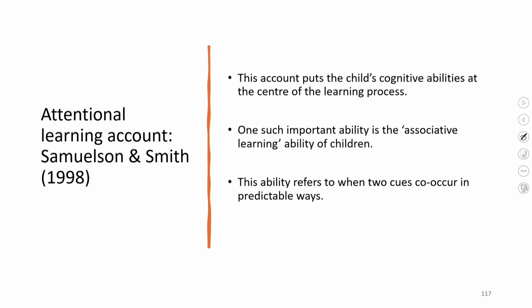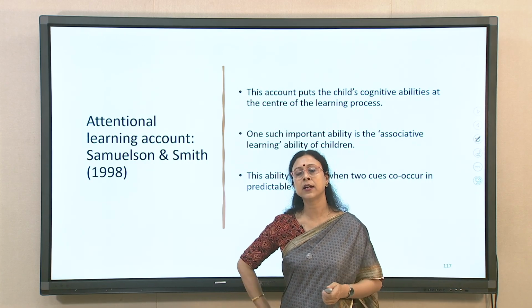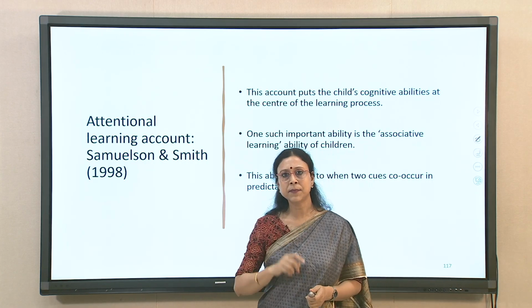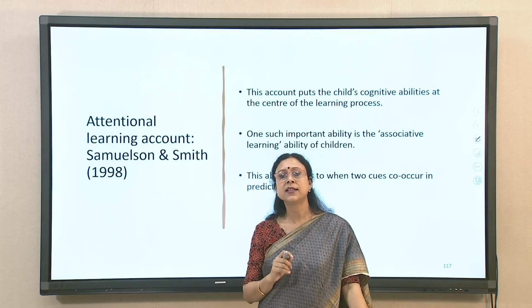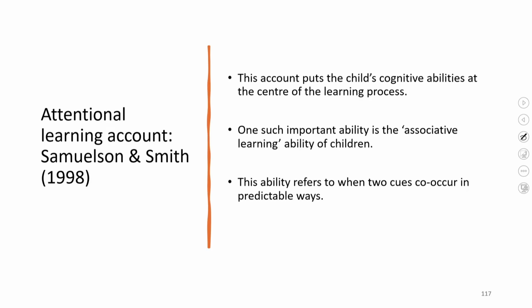Now, let us move on to the attentional learning account by Samuelson and Smith, because based on their findings, the way they countered the previous finding, they came up with the attentional learning account. This account puts the child's cognitive abilities at the center of the learning process.